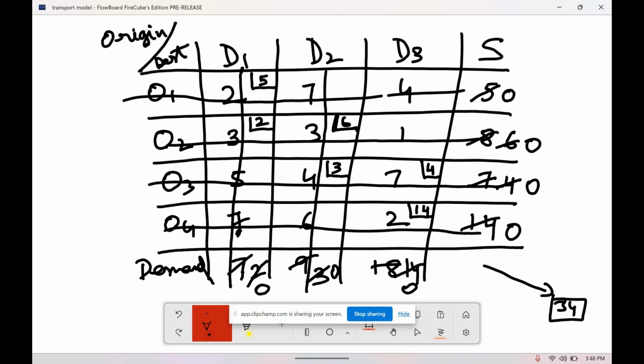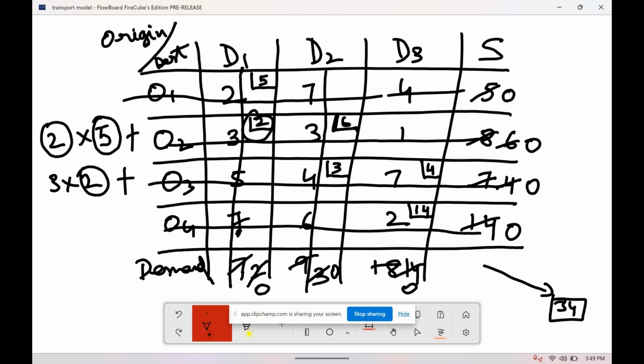Now what is the solution for this particular model? I don't want to change the page. So first we will multiply 2 by 5. This is the cost, and this is the number of units. This is what we are doing for all. Plus 3 into 2, this 2. Plus again this one, 3 into 6.